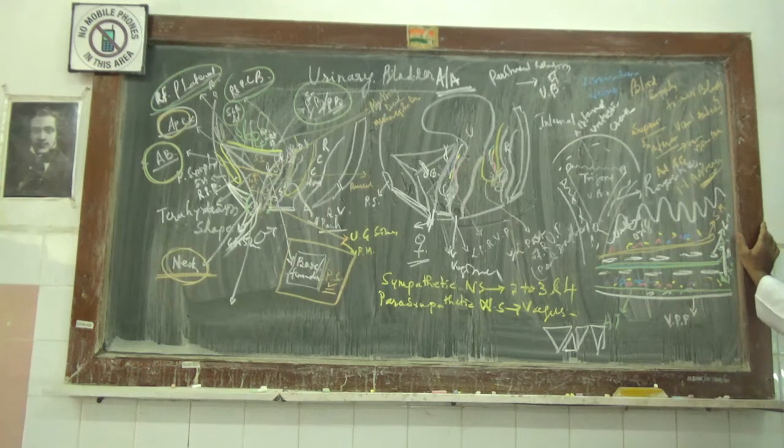Another name for the urinary bladder is vesicle. Still another name is cyst. But it is called a vesicle. So vesiculitis or cystitis.